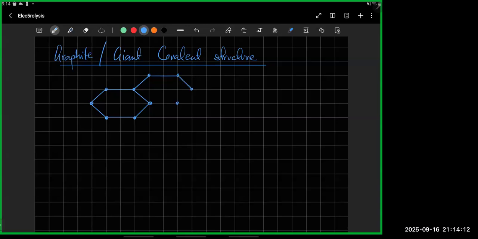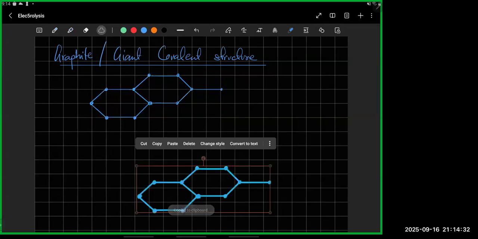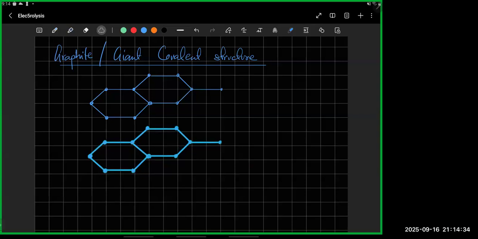And graphite is a really, really good conductor of electricity. Okay, and it just continues endlessly. And graphite is a sheet-like structure. So there's going to be one sheet, and below it there's going to be another sheet.